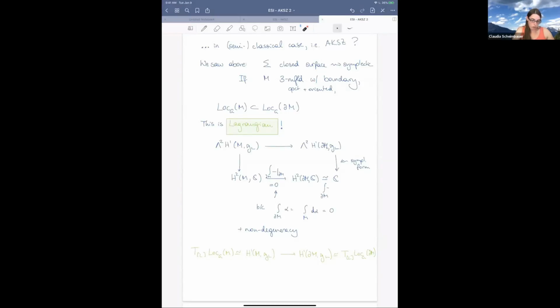And again, it's just Stokes' theorem. So that will be somehow the upshot here. Okay. Are there any questions so far?